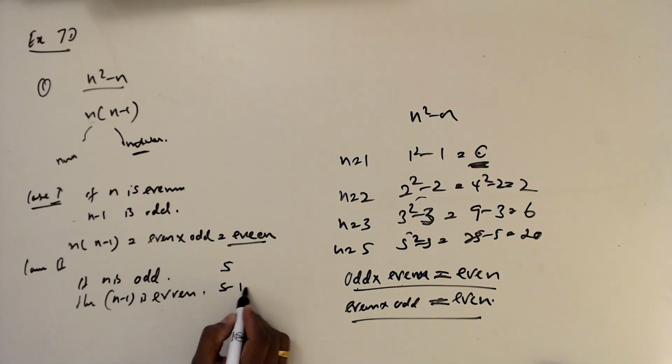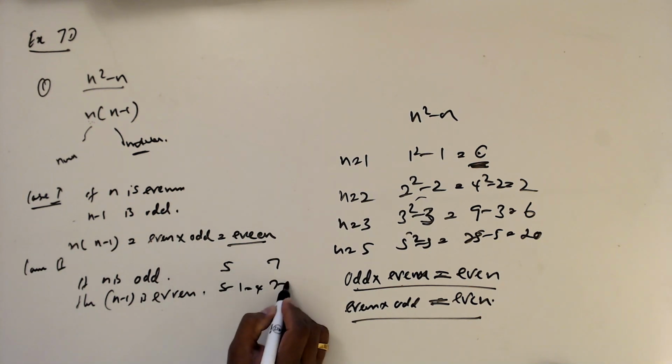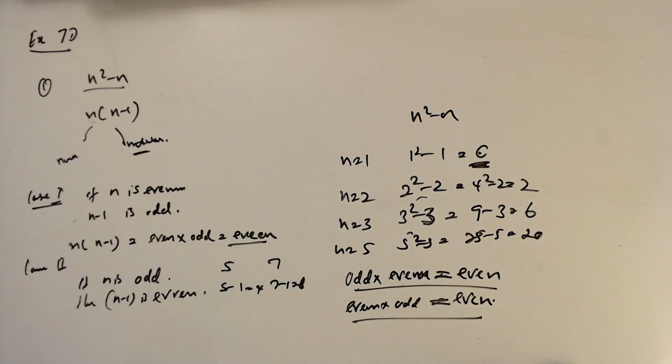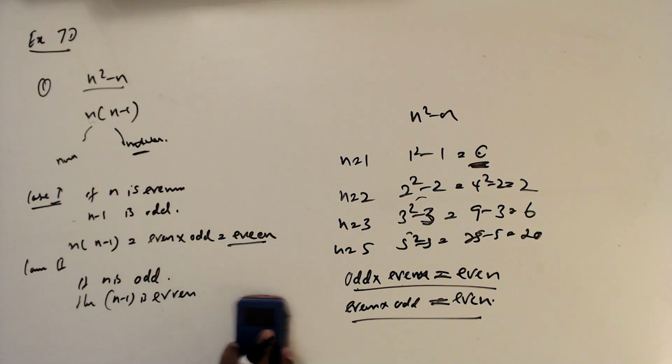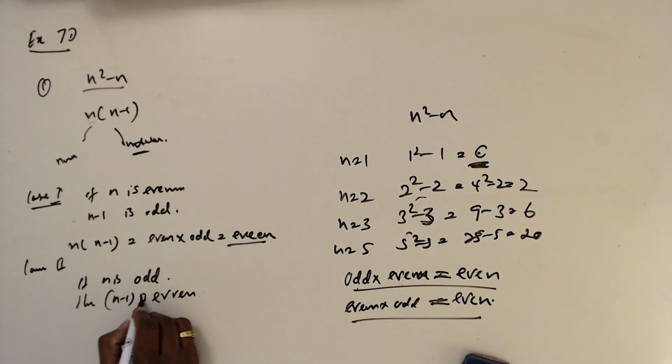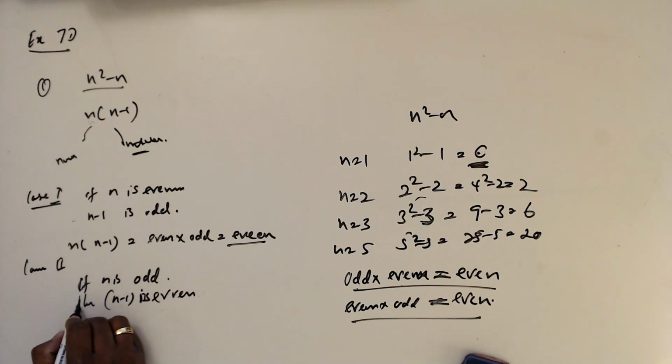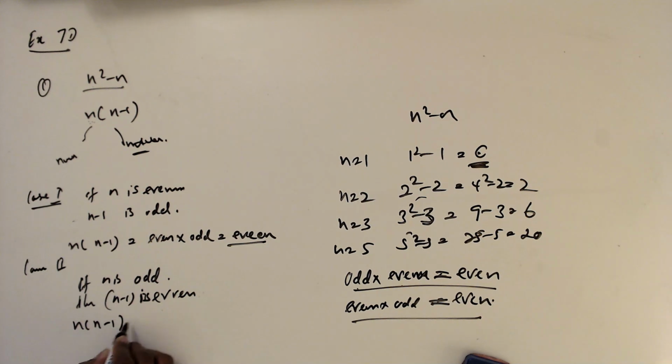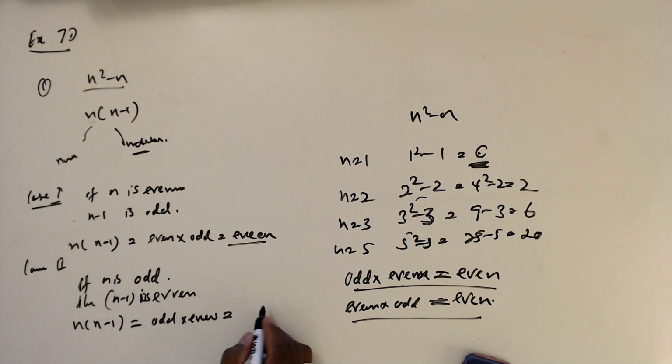Even, which is 4. n is 7, then 7 minus 1 is 6, even. Then n times n minus 1 is what? If n is odd times even, even.